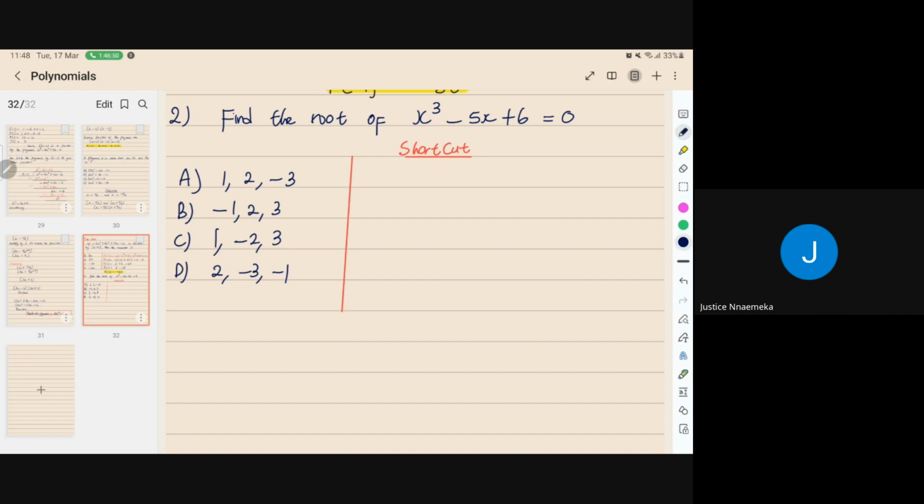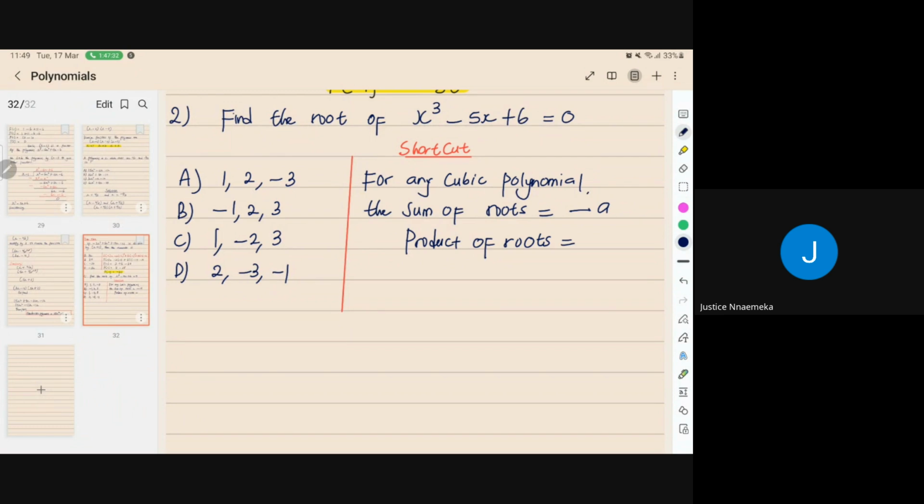For any cubic polynomial, if you don't want to go through my method, the sum of the roots will be equal to negative a, and the product of the roots is equal to negative c.